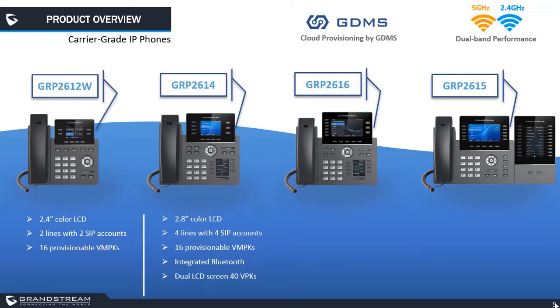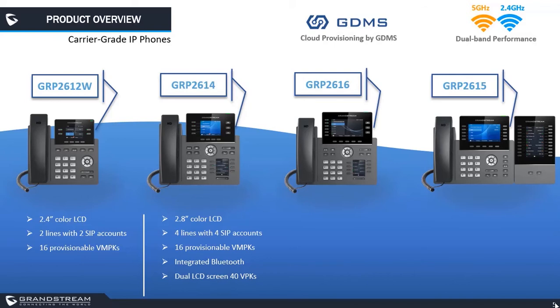The next model is the GRP2614. This one has a larger color LCD of 2.8 inches. It supports 4 lines with 4 SIP accounts, and again you can use the line buttons to configure them with VMPKs. So for the 4 buttons, you can create 4 virtual pages so that you can toggle between the pages using the soft key button.